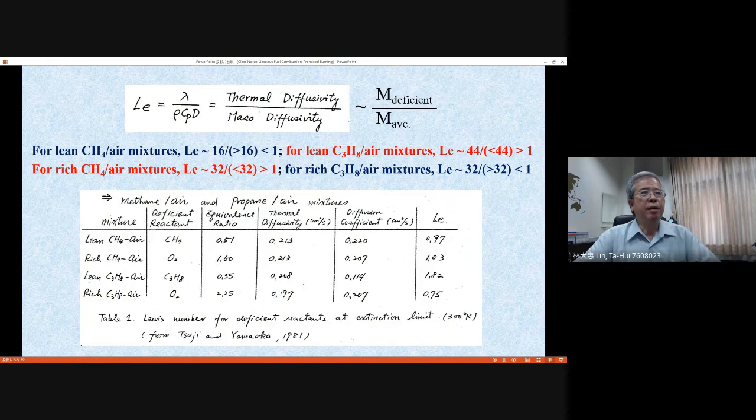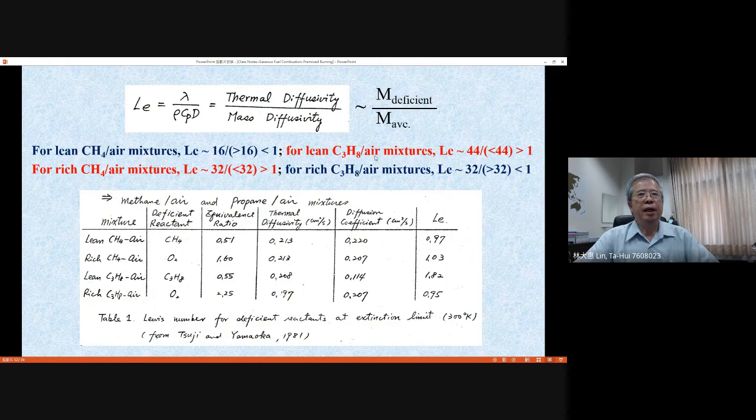Okay. The other case you think about is lean propane air premixtures. Now you do it in a similar way. Now the propane is the lean one, right? And then you can put the molecular weight of propane, 44, in the numerator. And in the denominator, we think about the average molecular weight for this mixture.